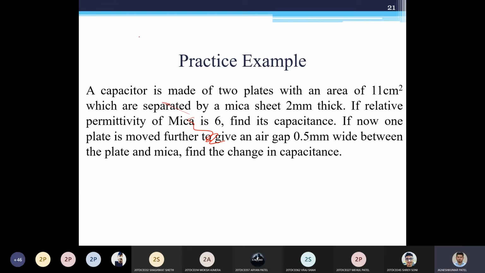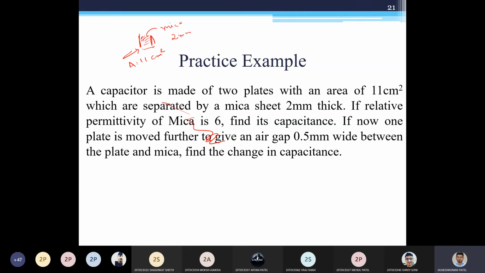Okay, so there are two plates, and the area of each plate is 11 centimeters square. They are separated by a mica sheet of 2 mm. So there is a medium in between, this is the mica sheet, and it separates them by 2 mm. That means the distance between these two plates is nothing but 2 mm.